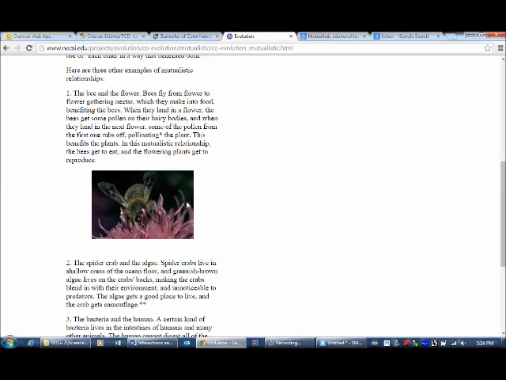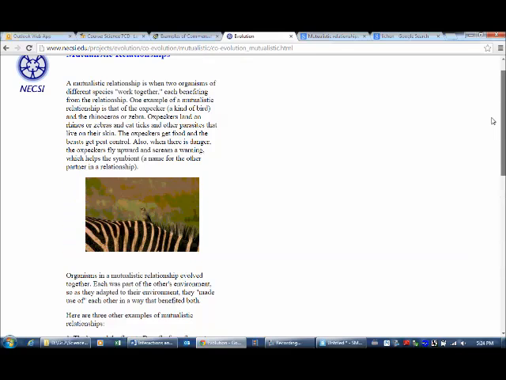All over its legs and all over the hairs of the bee? That's pollen. And as the bee goes from flower to flower, it takes pollen from one flower and deposits it on another flower. And that helps with reproduction. So the bee gets food, the flower gets help with reproduction and creating seeds. So a great example of mutualism.